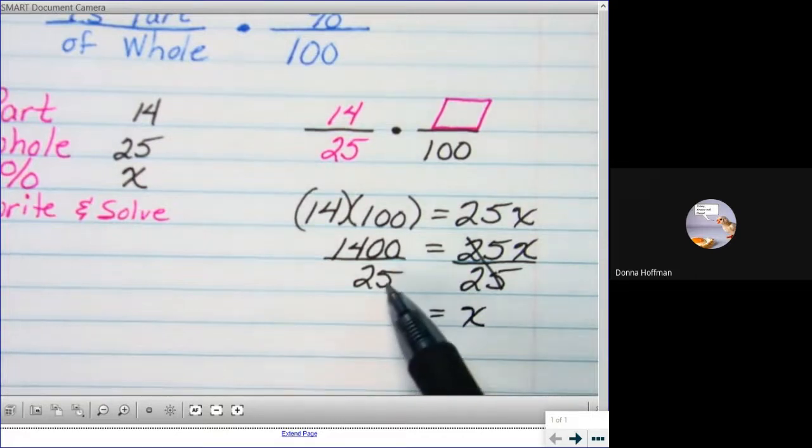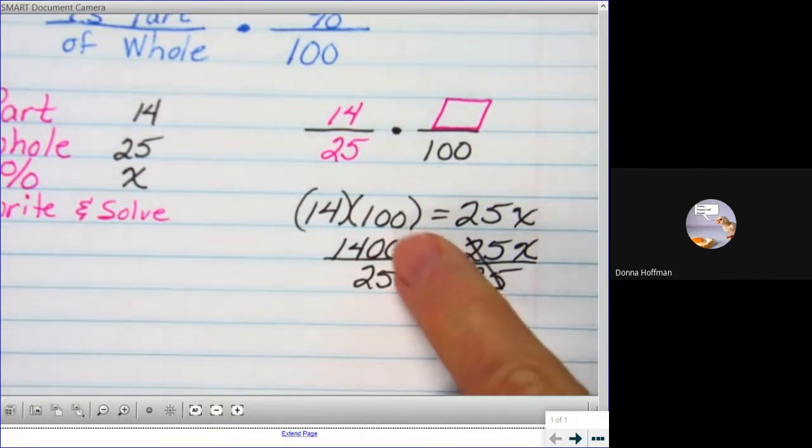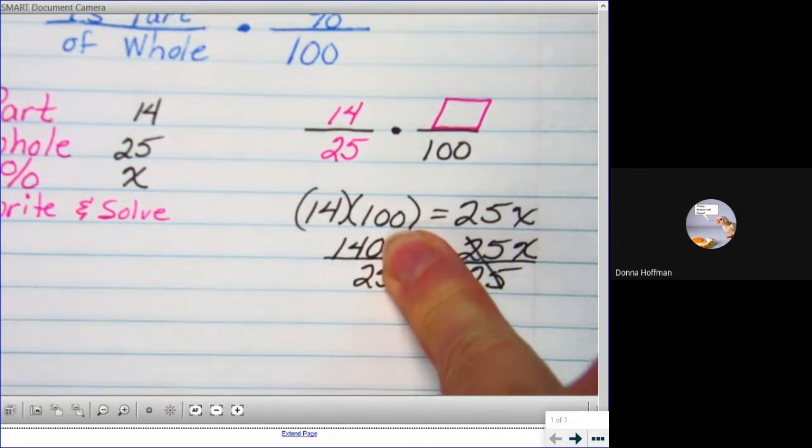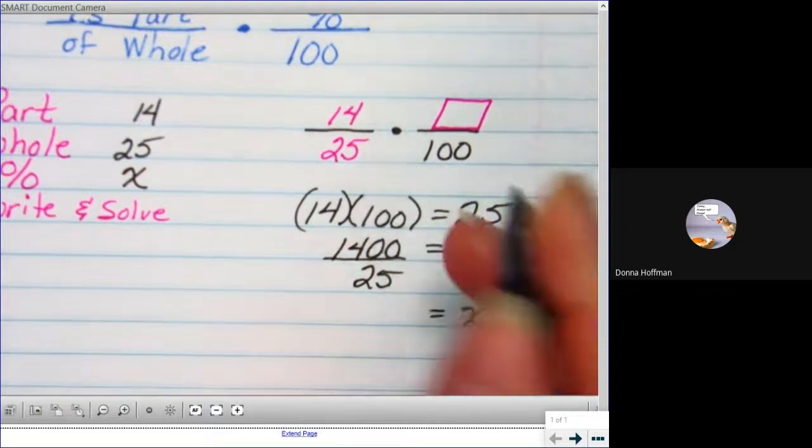So how many sets of 25 out of 140? Four would be $1. Five would be $1.25. Can I go to $1.50? So it's going to be 5.